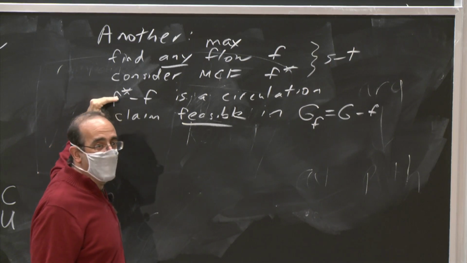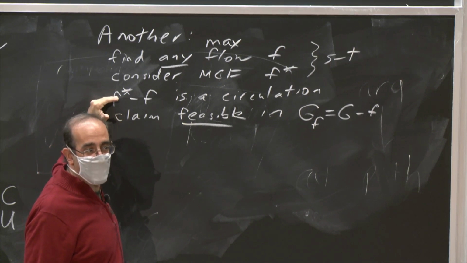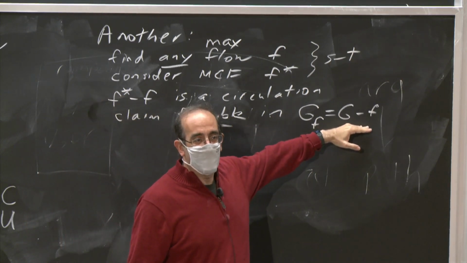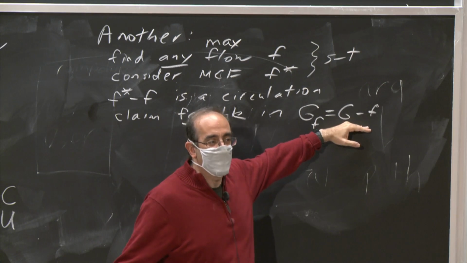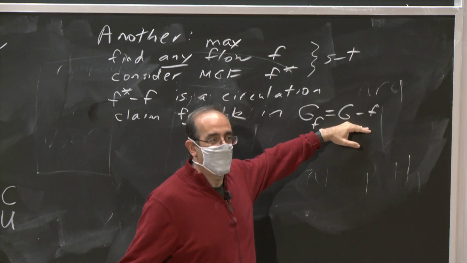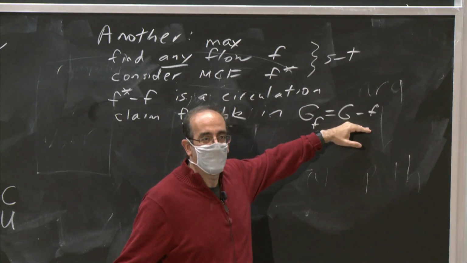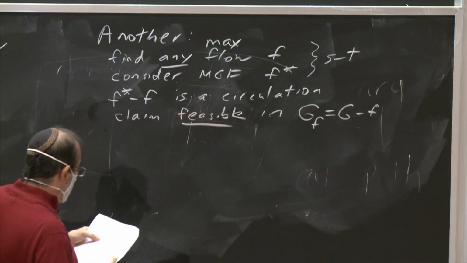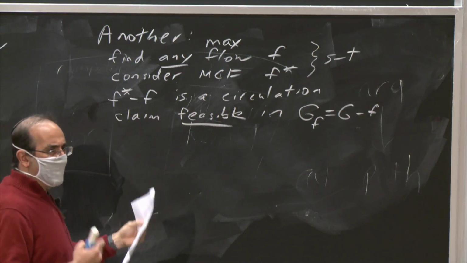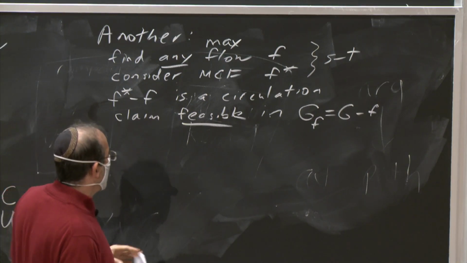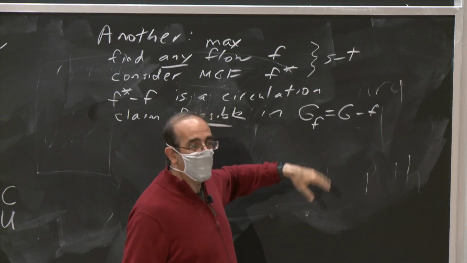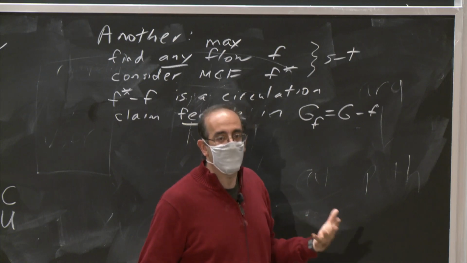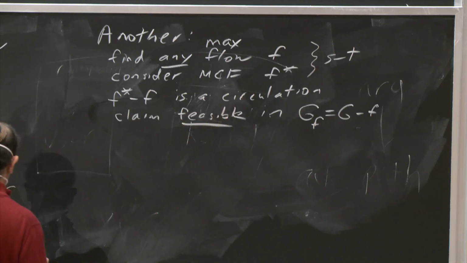So F star minus F, where I take away F sub E units of flow on every edge, is feasible in G minus F, where I have taken away F sub E units of flow from every edge. Everybody happy with that? Okay. And you have to sort of think about the residual edges and such. So in G sub F, I may be creating some capacity which can now be used in F star.